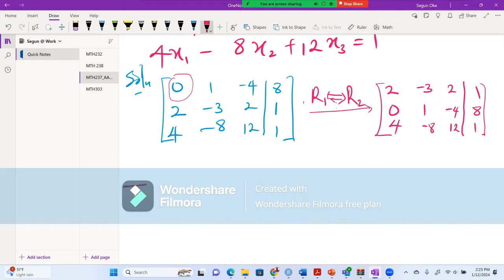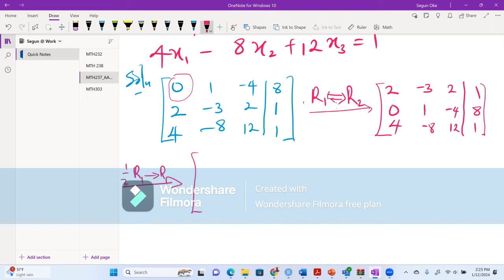Remember, for R1 we need 1 as the entry point, so I can divide through by 2: one over two R1 becomes my new R1.